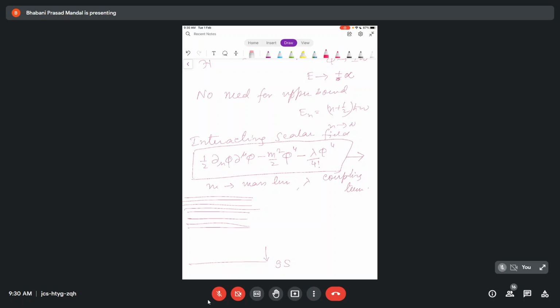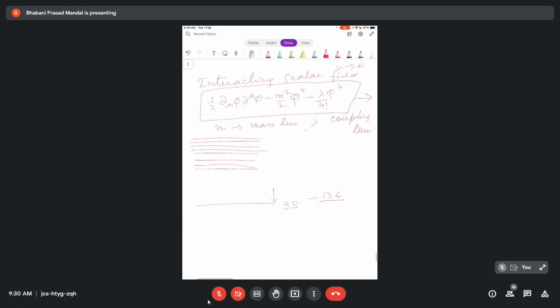No conceptual difficulties. But if there is no ground state, the hydrogen atom ground state is minus 13.6. Suppose there is no lower bound. Then a particle sitting in the ground state at minus 13.6 can release some energy and go to a lower state. Suppose at minus 50, the particle can still release some energy and go to minus 100.